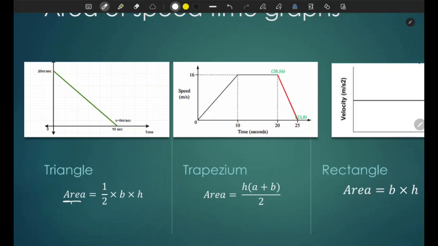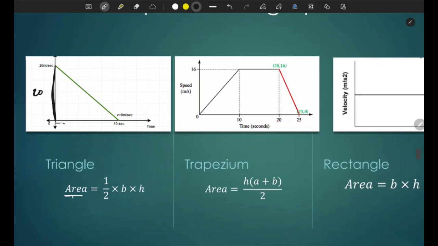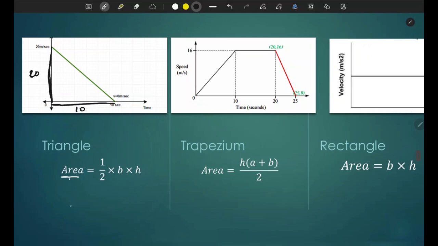The height over here is 20, and the base is 10. So we put into this formula half times 20 times 10, which gives us 100. So the distance traveled is 100 meters.